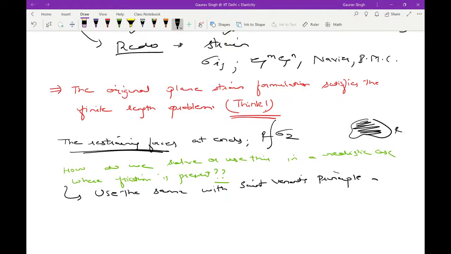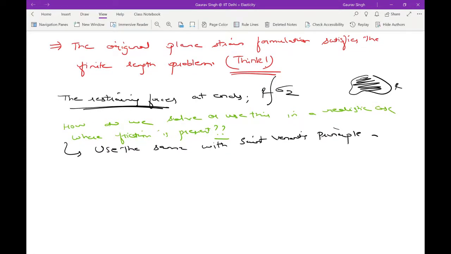Okay, so let's take up one more case, and actually a question from the text.